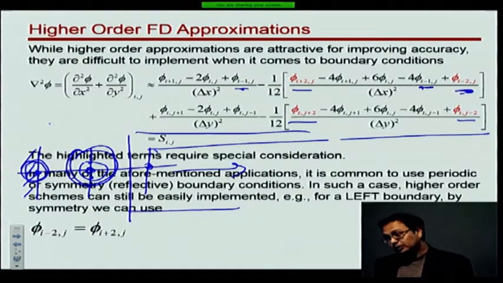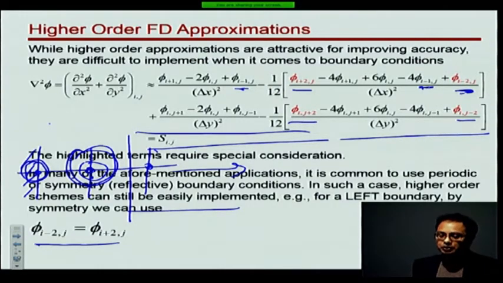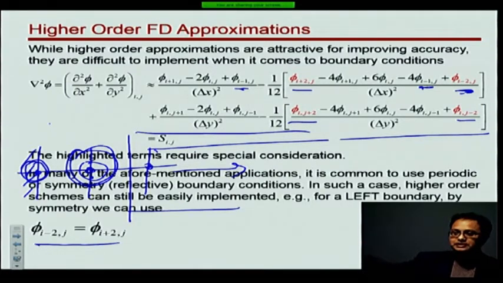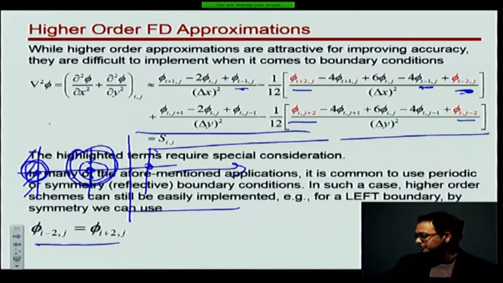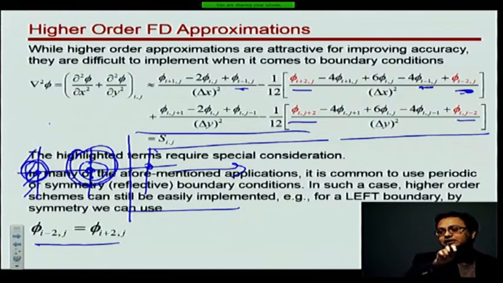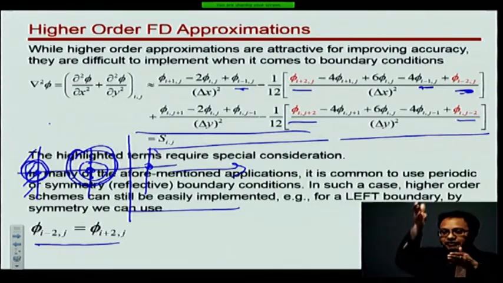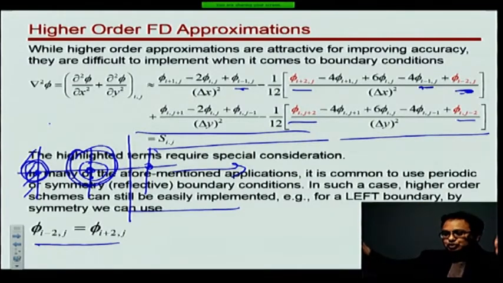So one of the things that happens when you do that is you can use these symmetry conditions to simplify the problem. Because of symmetry, you can say, okay, I minus 2 is the same as I plus 2, and I plus 1 is the same as I minus 1, and you just substitute those in here, and basically instead of having a node with two halves, you're basically looking at one half.